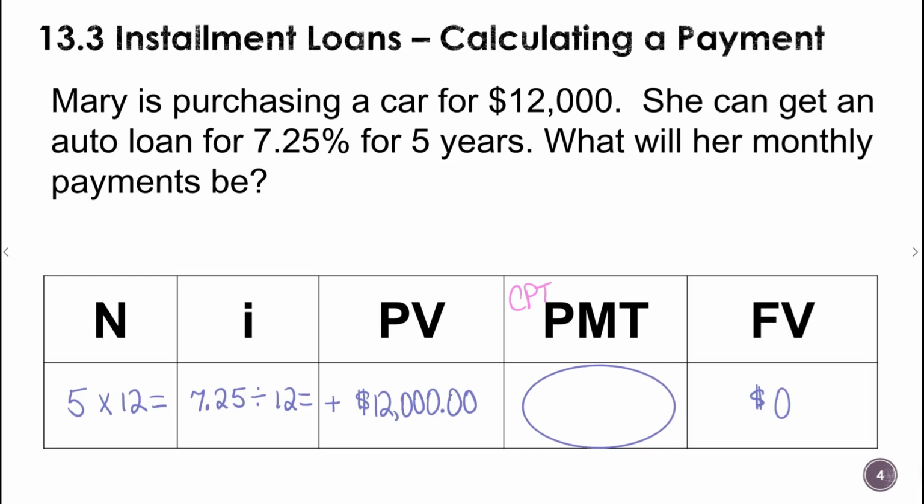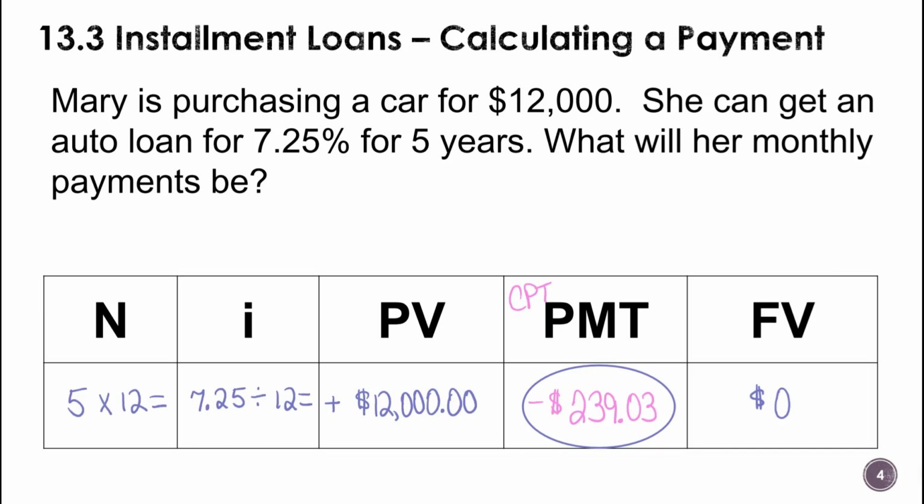When you compute, remember you can pause, put everything in before you look at the rest of this. The payment's going to be $239.03. So there's our first loan with the TVM keys.